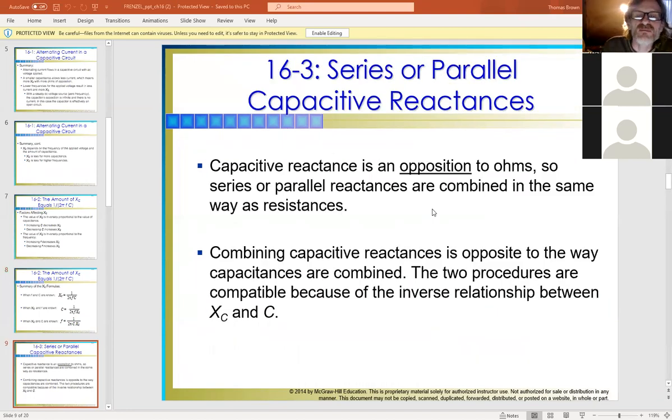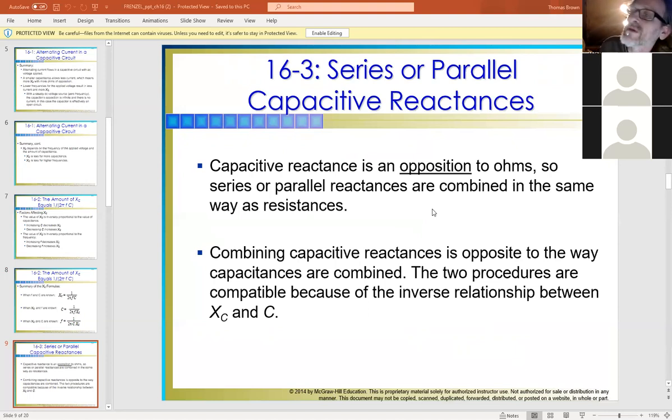So if we look at this, capacitive reactance is an opposition measured in ohms. So series or parallel reactances are combined in the same way as resistances, and they are. So if we get an X of C value, let's say we have a purely capacitive circuit that we're applying an AC signal to, we combine those and treat them the same way as we do with resistance.